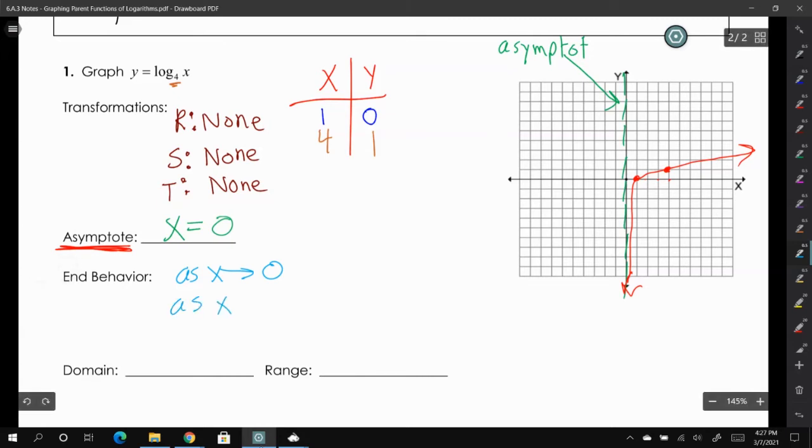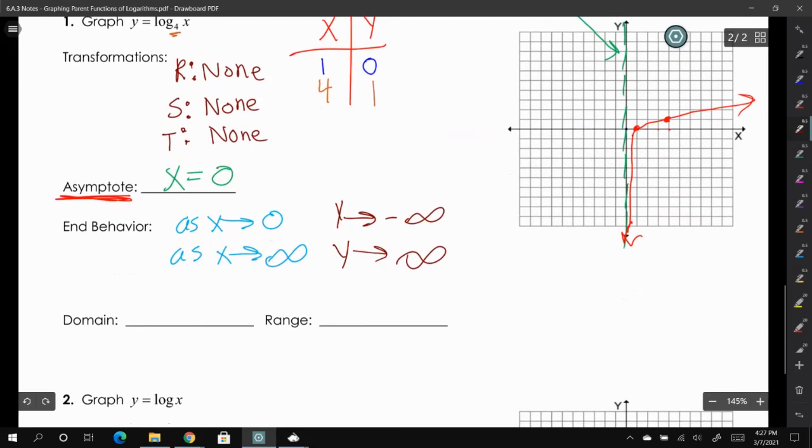And we still have the right side going to infinity. So what's happening here is that the left side, as we get closer and closer to 0, the y values are going down. And if we look at the right side of this function, as x gets larger and larger, the y values are getting larger, but very slowly, but they're still getting larger.